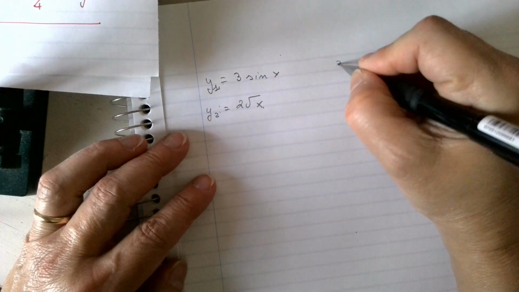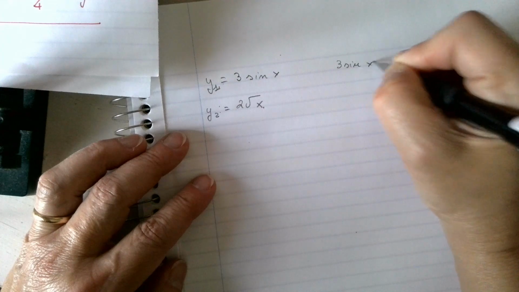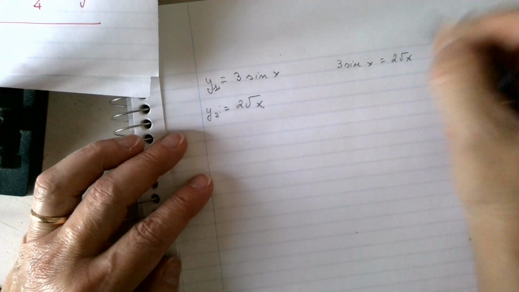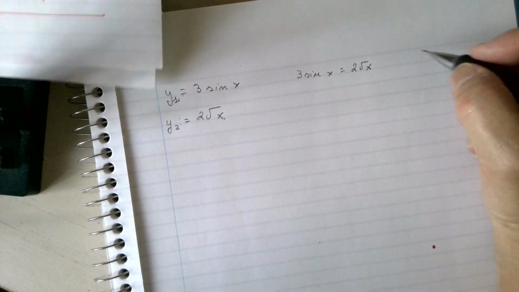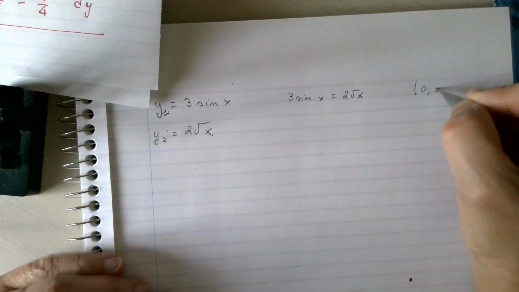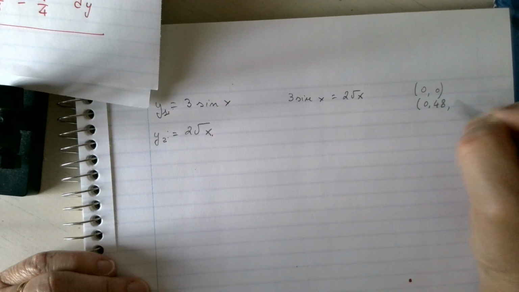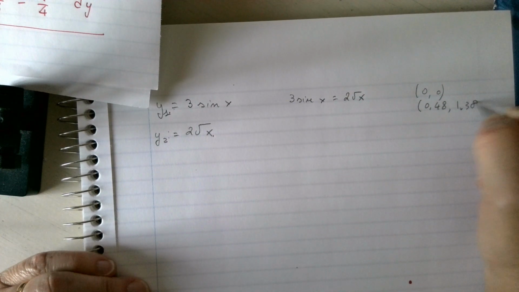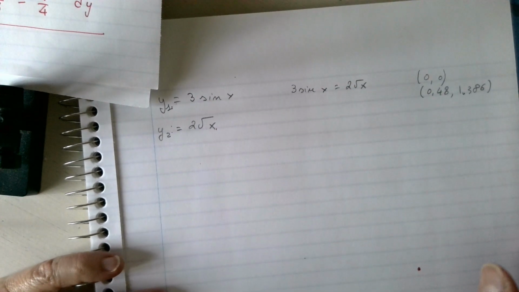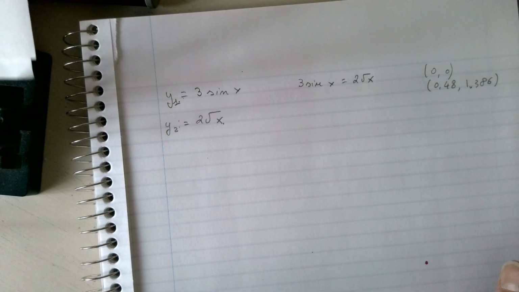Now you also know that 3 sine x is equal to 2 square root of x only for two points: 0, 0, and 0.48, 1.386.